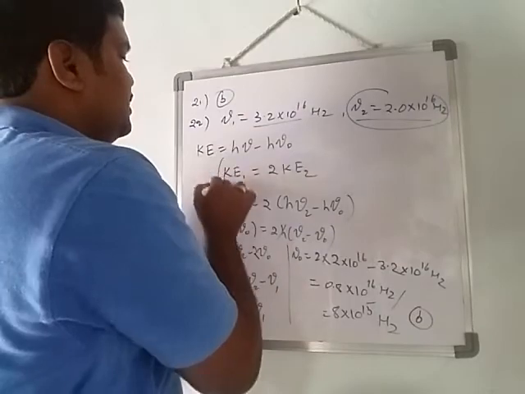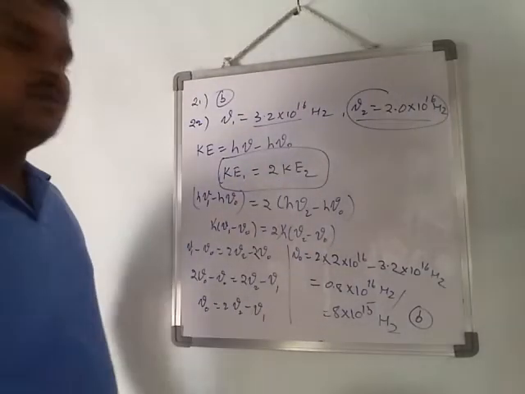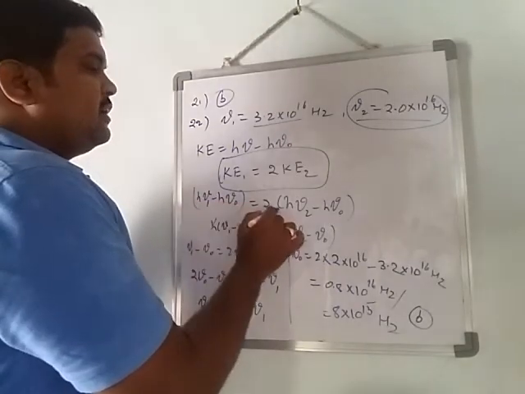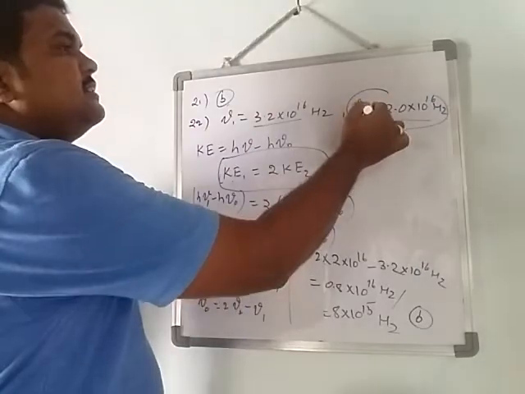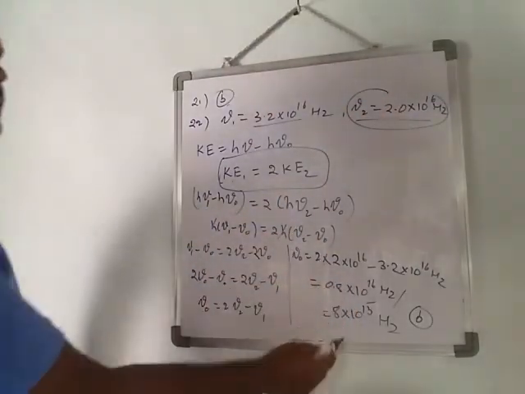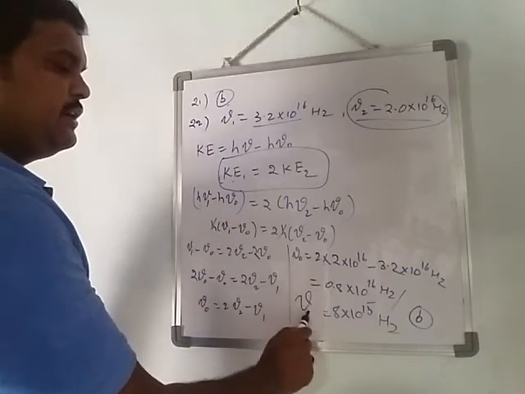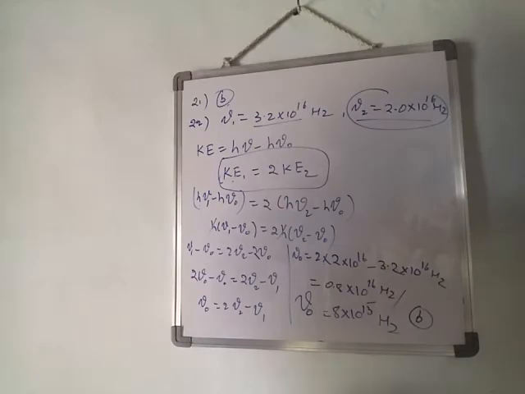The kinetic energy 1 becomes 2 into kinetic energy 2. Yes or no? So h nu 1 minus h nu naught is 2 of h nu 2 minus h nu naught. This is Ke1, this is Ke2. Substitute the values. Finally we will get 8 into 10 to the power of 15 hertz. This is the threshold frequency, nu naught.